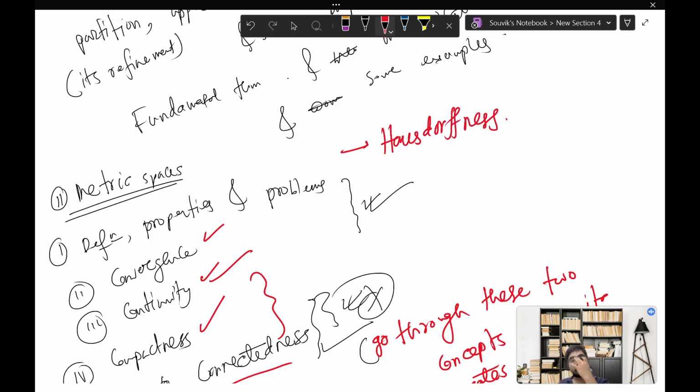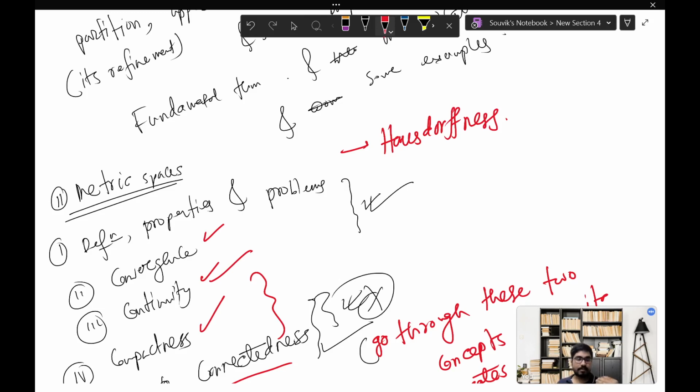It is a very important, practically important property, and I forgot to mention it.